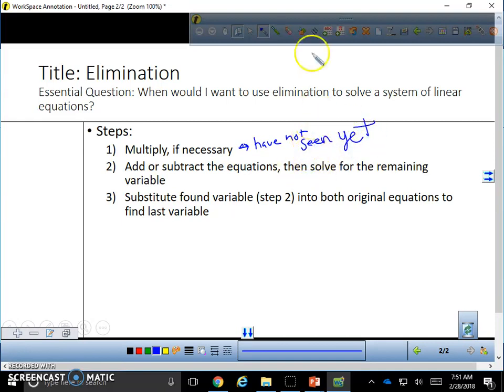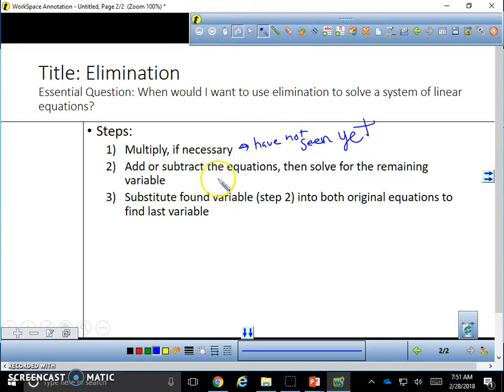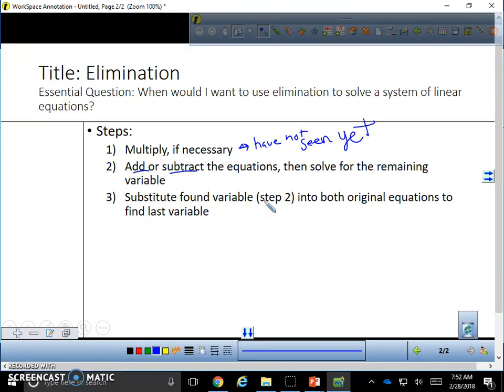Actually, I'll show you 2 today. Then add or subtract the equations depending on what you need. Yesterday we did both because both of them worked. Today you're only going to pick one. You're either going to add only or subtract only to get something to eliminate. And then the last step is to substitute and find the other variable.